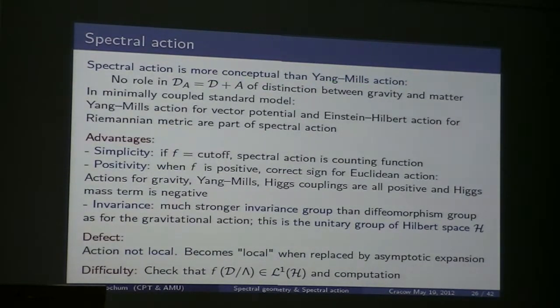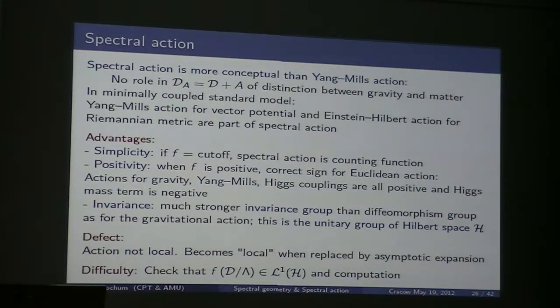Why? When I said that I replace D by D plus A, in some sense you start with D, so you make a difference between gravity and matter. But you can split A into two parts, or you can also divide D in two parts. So this distinction between gravity and matter is totally artificial.